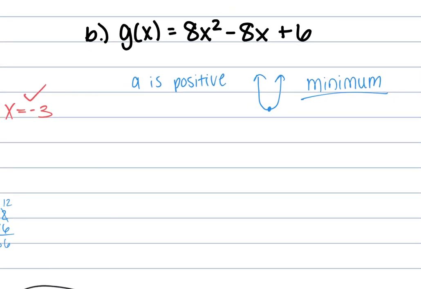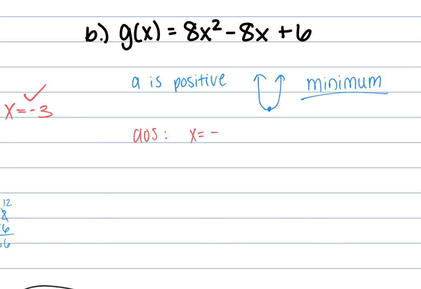How do I find that minimum? Brandon? Find the axis of symmetry. Go ahead and find it. On the test, you have to write the formula, like -b/2a equals. Write it all out every single time.